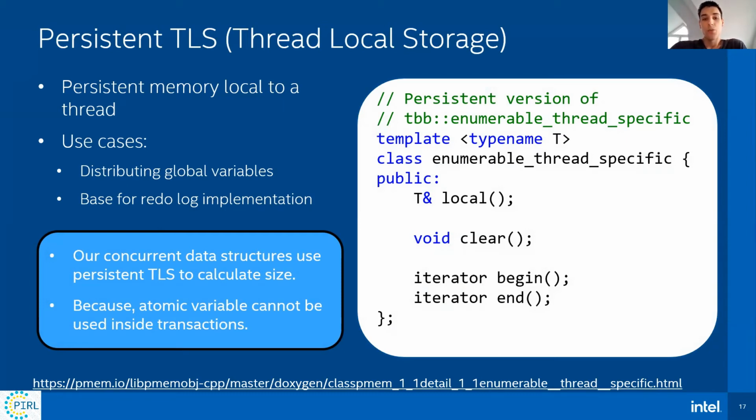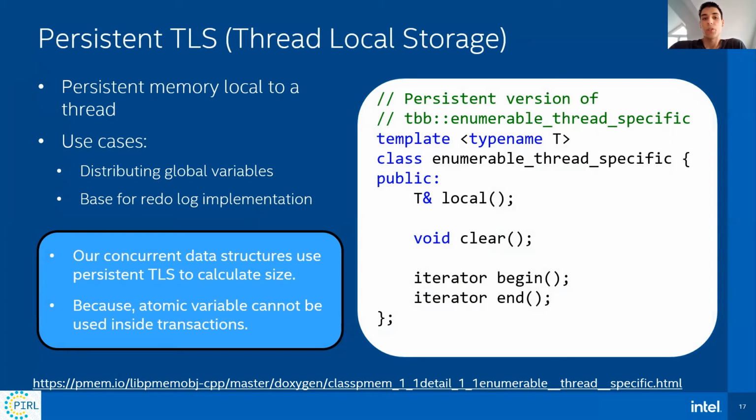Persistent TLS is used, for example, to implement a distributed size variable. This is especially important for concurrent data structures where we cannot update the global size in a consistent manner without locks. This is because we cannot use transactions with atomic variables. So one solution is to use a per thread size, which can be modified as part of a transaction, along with operations like insert or erase.